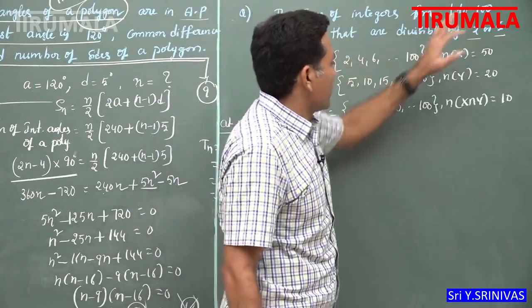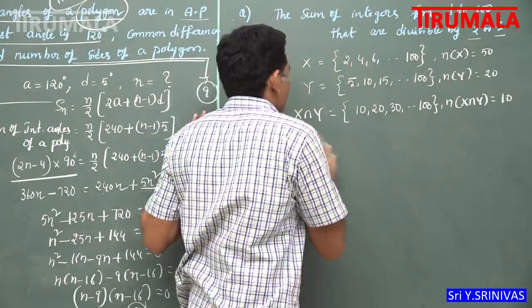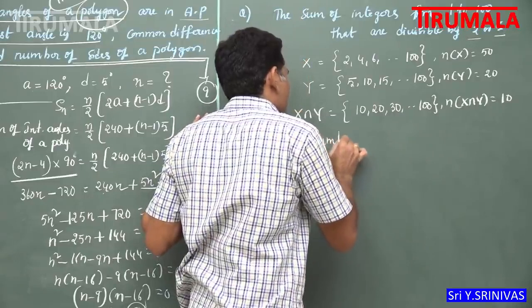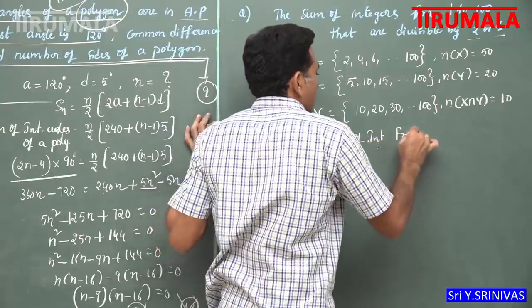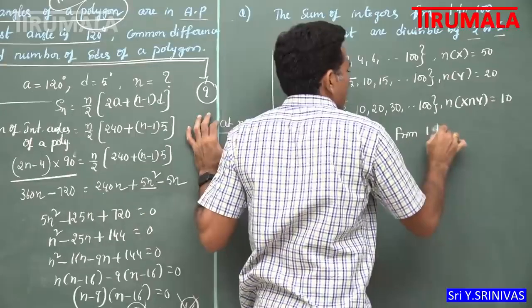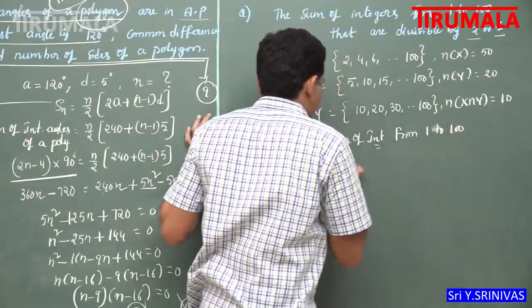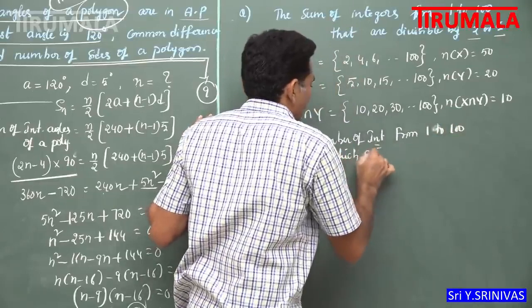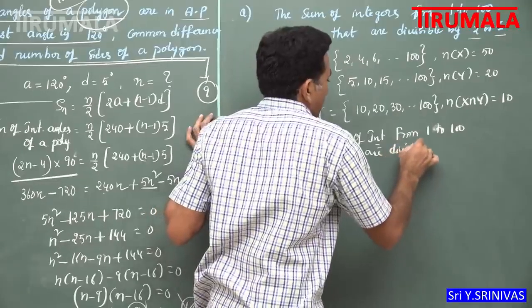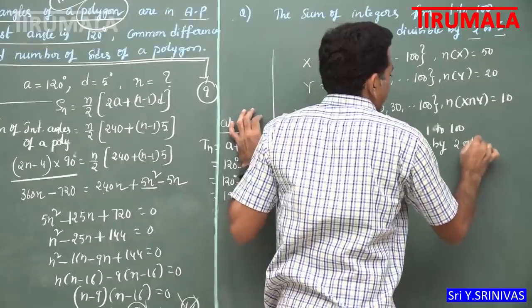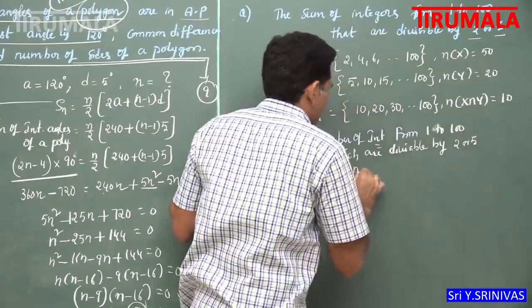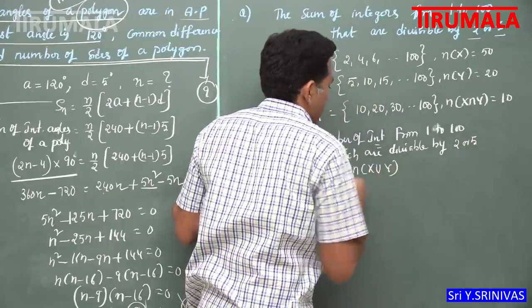Now, required is actually the sum of the integers from 1 to 100. First of all, we find the number of integers from 1 to 100 which are divisible by 2 or 5, which is nothing but n of x union y.